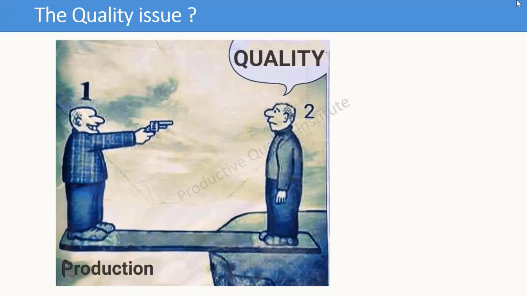What is quality? Is there any contradiction between quality and production? For years, we have been hearing about quality management systems. The most popular ones are Universal Quality Standard, ISO 9001, Six Sigma, CAF, Lean Management, or Total Quality Management.